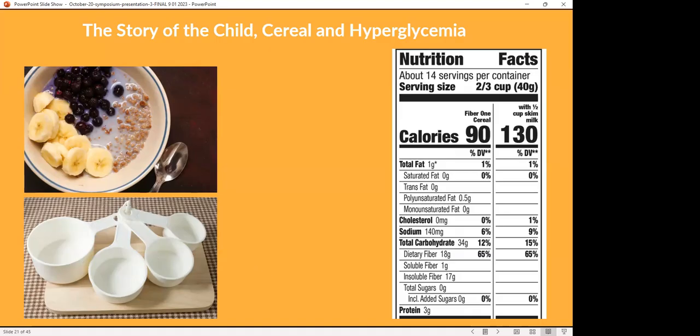She had written that she was giving her child 2/3 of a cup of cereal, 1 cup of milk, and she was writing down the amount of carbohydrate, and she was adding everything. Everything looked right. So then I asked her what measuring cups she was using to measure 2/3 of a cup, just like what it says on the label that you see in front of you.